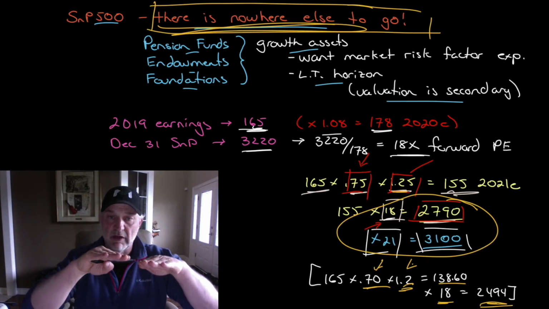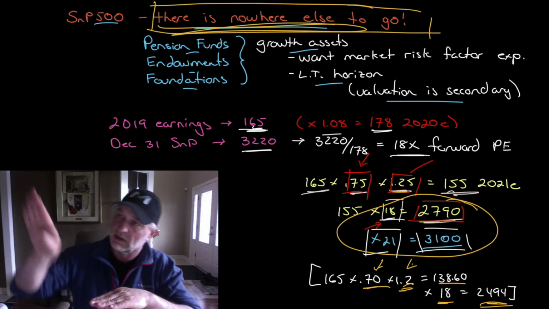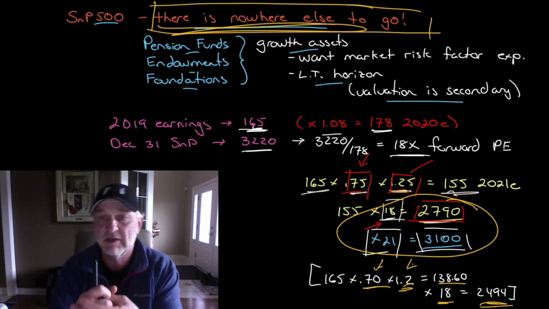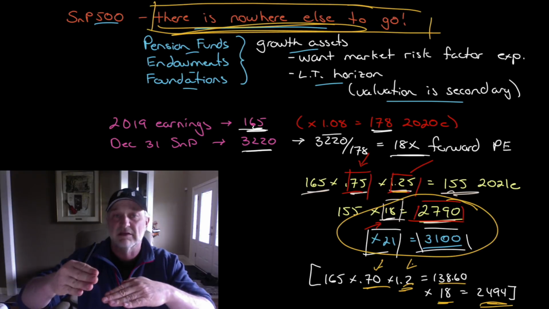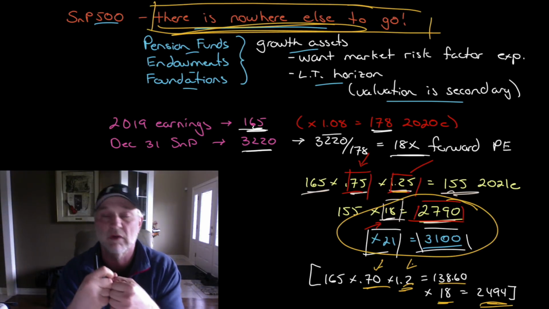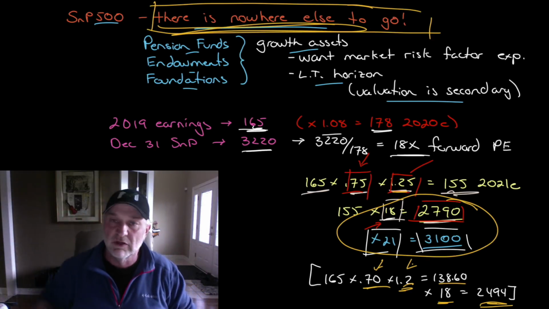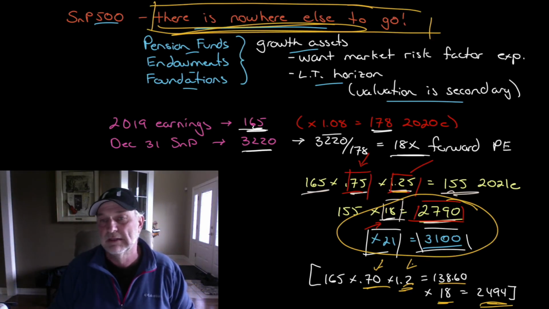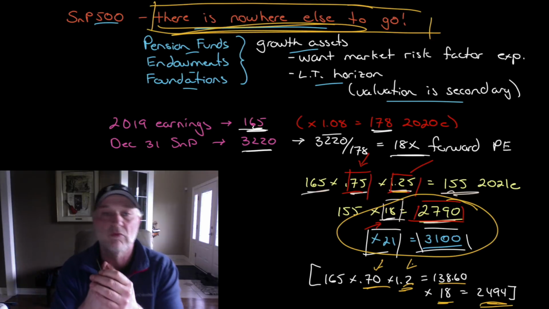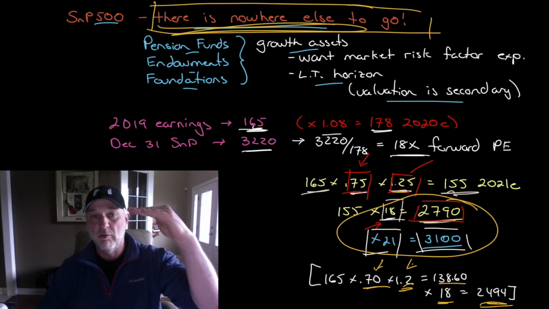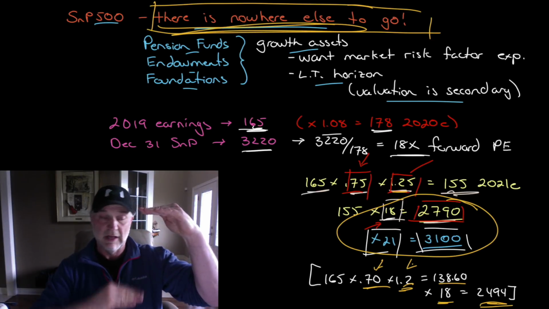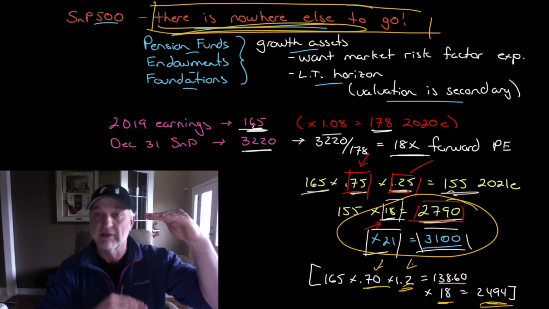Could the economy continue to degrade and the market go up? Yeah, because the market is going to look past this and start pricing in 2021. So no matter what happens now, they're going to say, yeah, we know that, 2021. As each day goes by, we get more and more visibility. Right now, we have hope and reality, and the spread between hope and reality is very high.